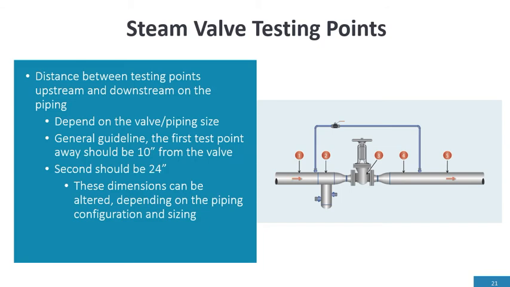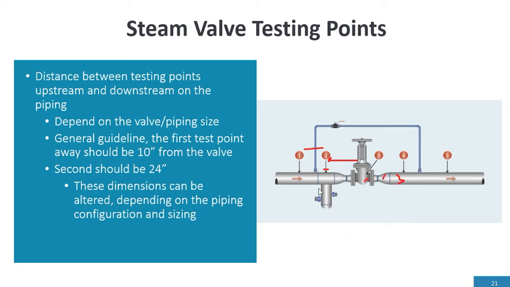Then the question is, what is the distance between the valve and my first test point and my second? There's really nothing written that says you have to be 10 inches or 24 inches. We want some distance away from the valve so we get a good measurement. If the valve is leaking severely, it can throw us off on a reading if we're too close to the valve.